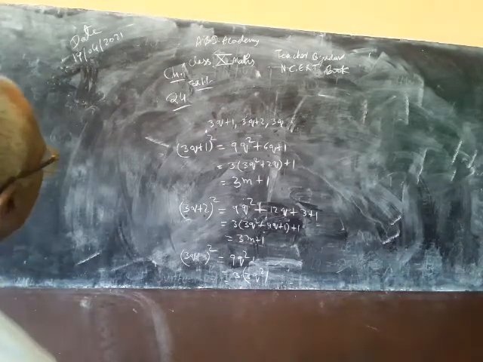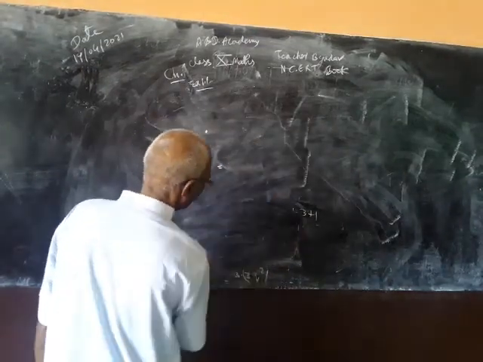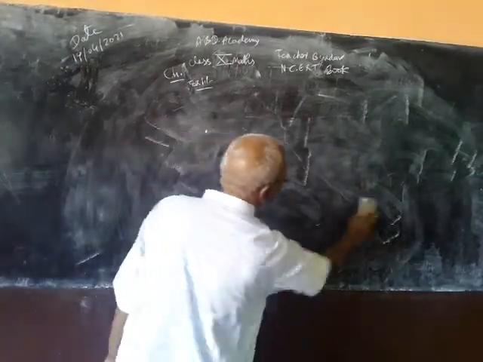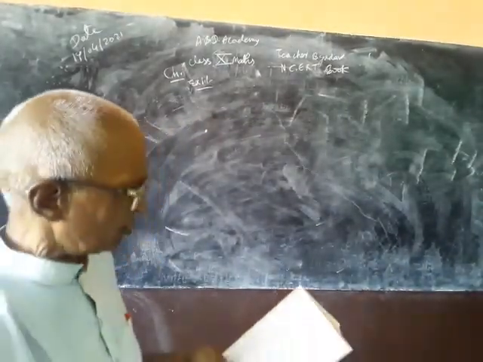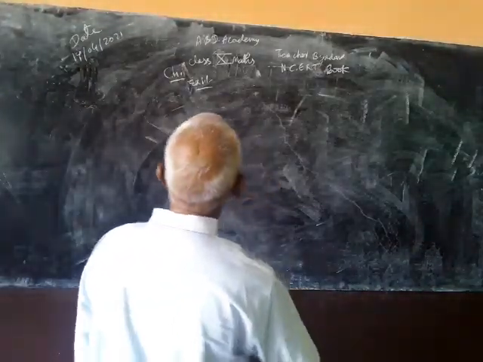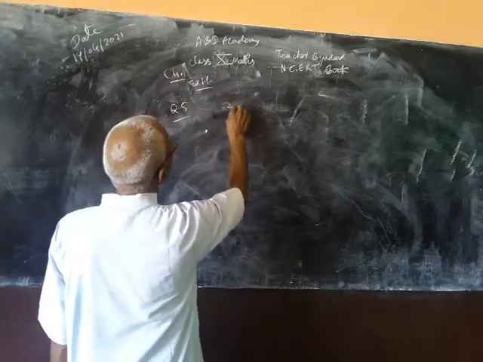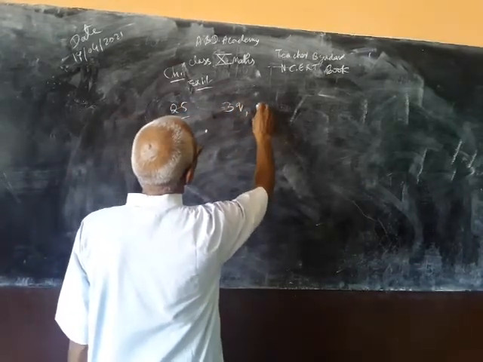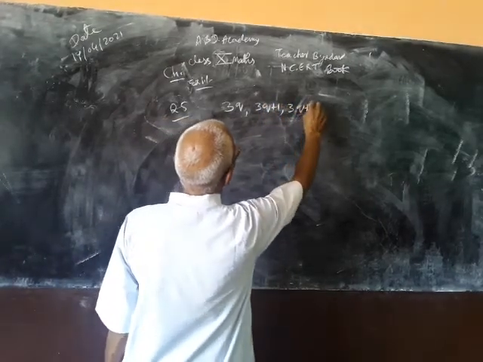Now let us do the fifth question, and this exercise will be finished completely along with Exercise 1A of the other book. Use Euclid's division lemma to show that the cube of any positive integer is of the form 9m, 9m plus 1 or 9m plus 8. So in question 5, let the positive integers be of the form 3q, 3q plus 1 and 3q plus 2.